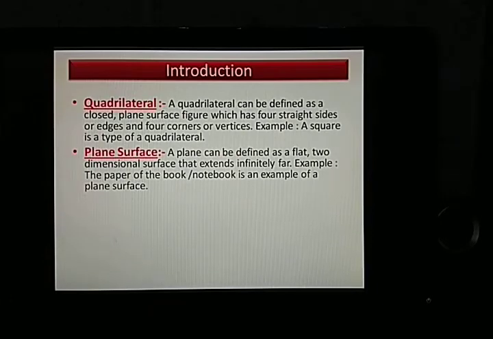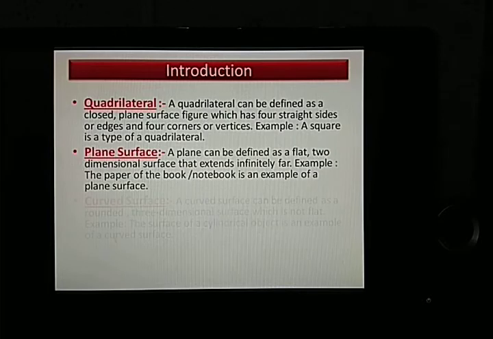But consider such a paper which has no boundary. We can extend that paper infinitely in all the directions. So such type of a surface would be a plane surface. Even the walls of the room are confined, or have a boundary. But what if we consider it is elongated or stretched infinitely? So that will become a plane surface.